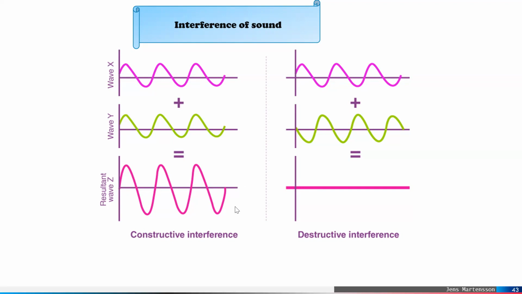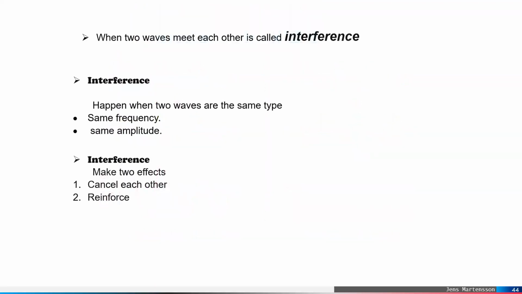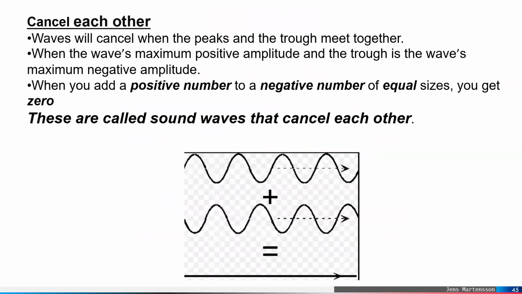And you should practice how to draw the interference by reinforcement or by cancellation of the sound wave. But if the two waves meet together, and the first one starts from the crest and the second wave starts from the trough, they will cancel each other, and this is called destructive interference, or cancellation, and you hear nothing. So you can hear no sound.